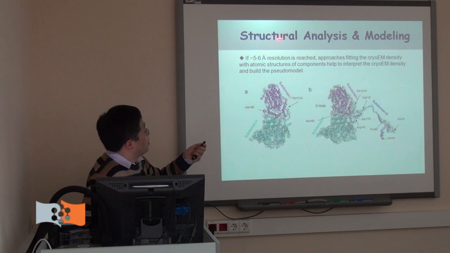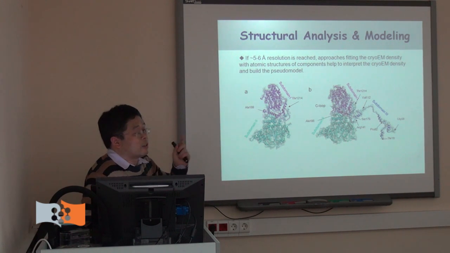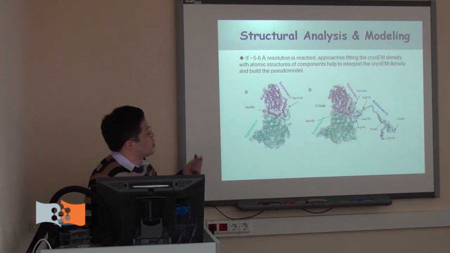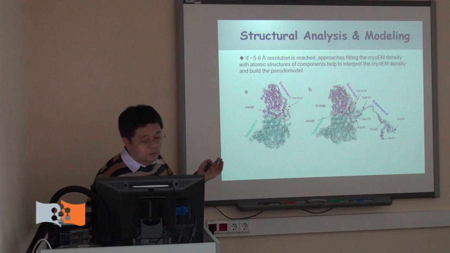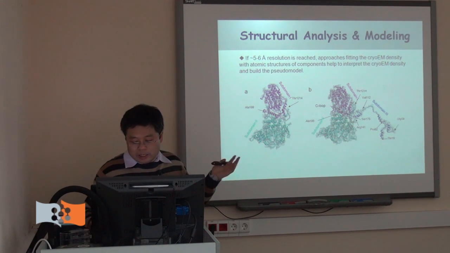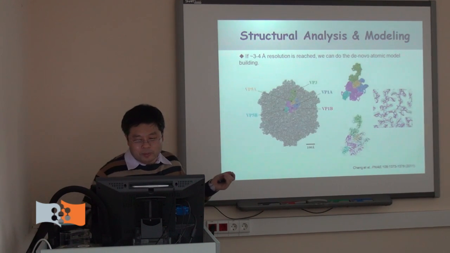If you get only 10 angstrom resolution or maybe even worse, you can use a rigid fit model. But after you achieve 5 to 6 angstrom, you can see the alpha helix. Now you can use the density map to do the modeling.